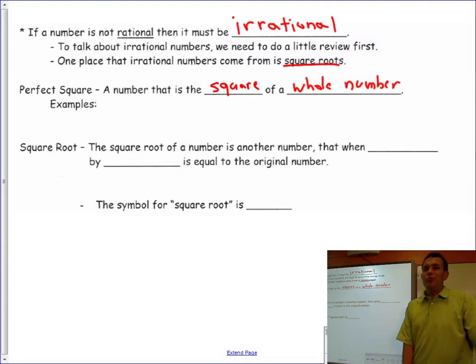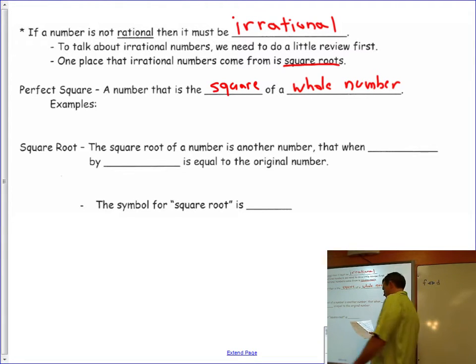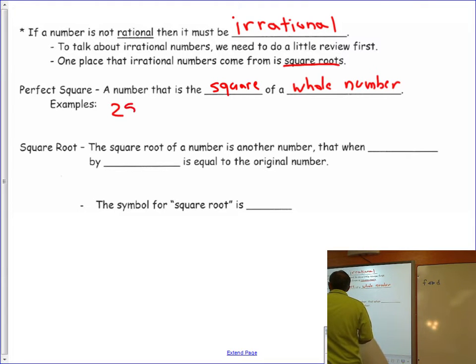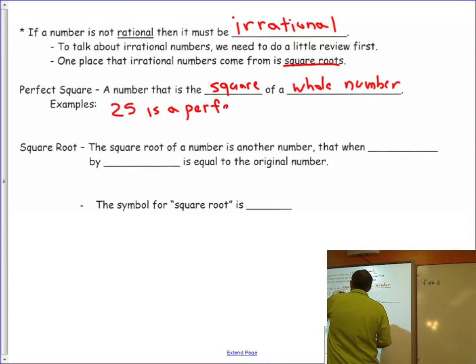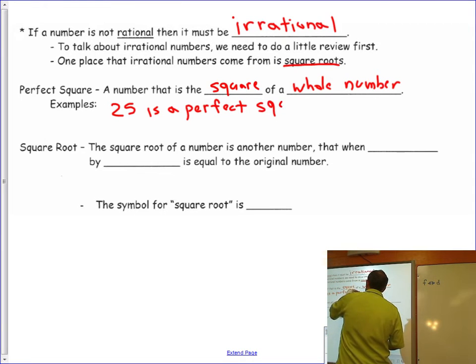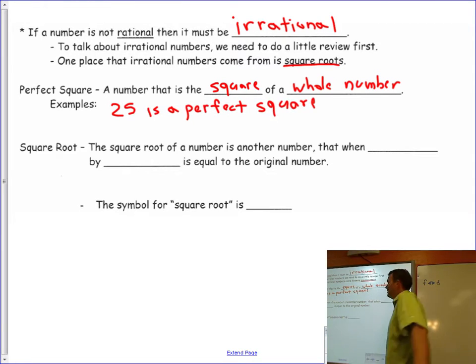And I will just do one example. For instance, 25, I claim, is a perfect square.